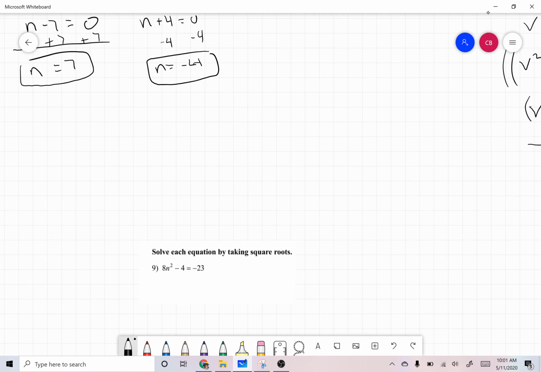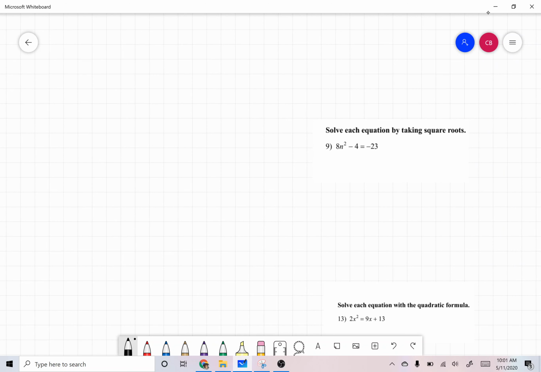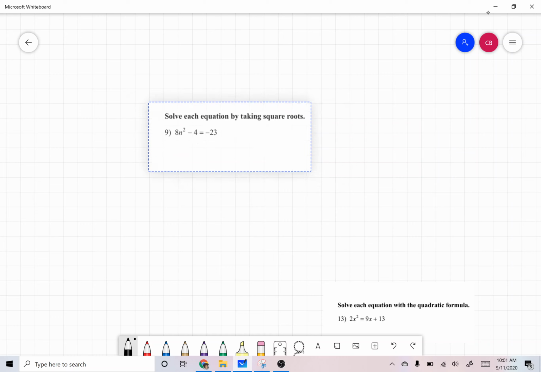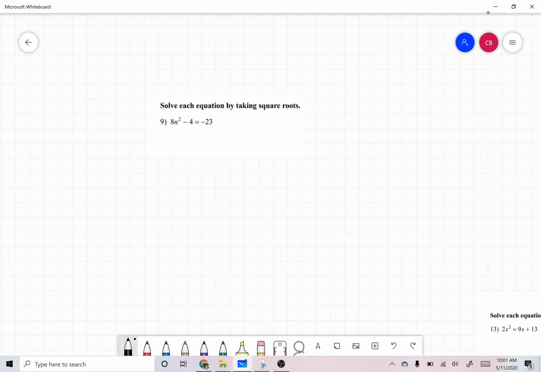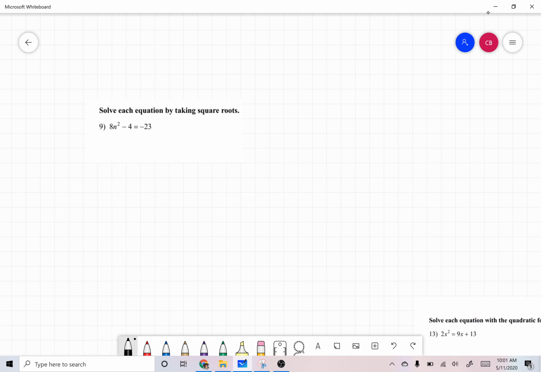Whenever it says solve, you are finding the zeros of something, in terms of quadratics anyway. For the next one, solve by taking square roots. So let's isolate the squared portion. We have 8n squared minus 4 is 23.